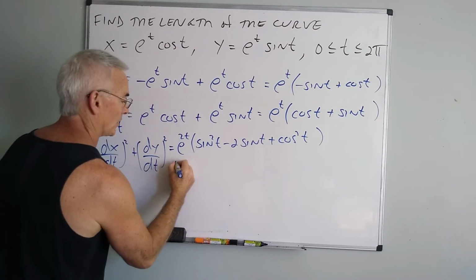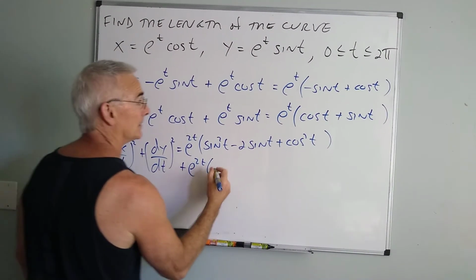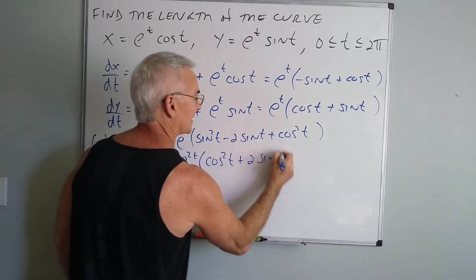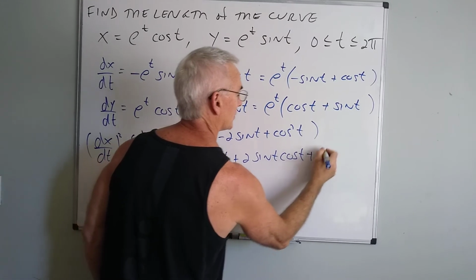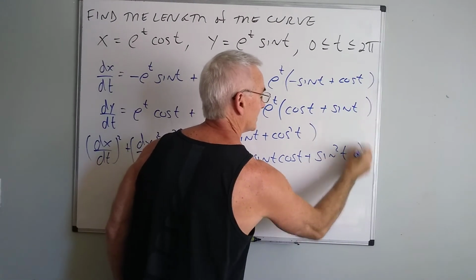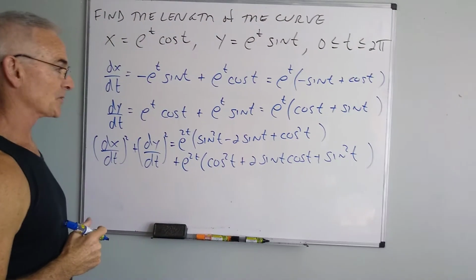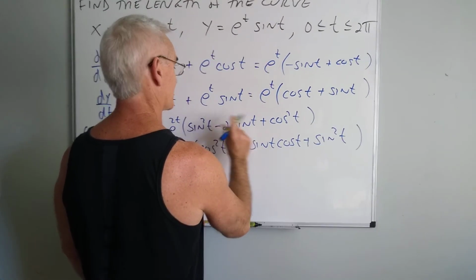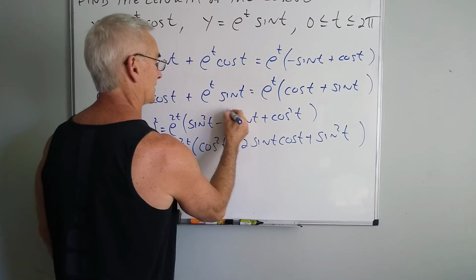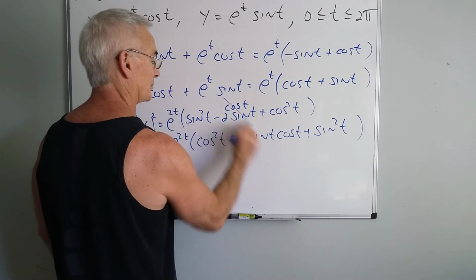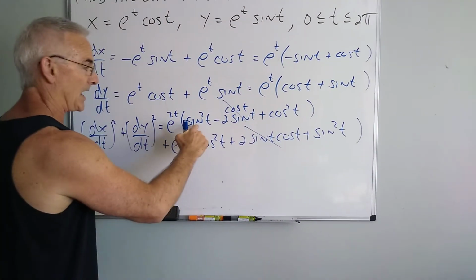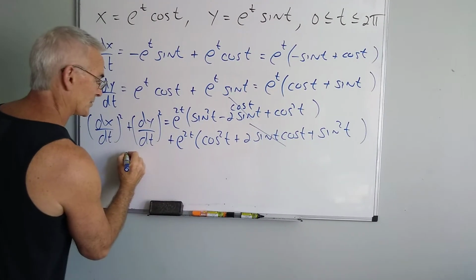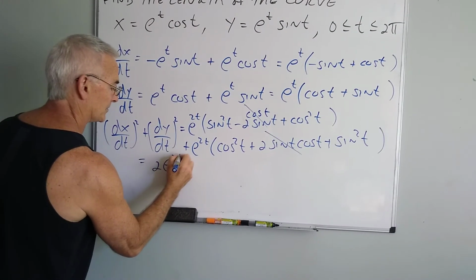Now when I add the square of this, I'll have e to the 2t times cos squared t plus 2 sine t cos t plus sine squared t. Now you notice something beautiful happens when we add these together. These two terms are going to cancel. I'm sorry, that should be 2 cos t sine t. These two terms are going to cancel. I have a sine squared plus sine squared plus cos squared, which will give me 2 e to the 2t.